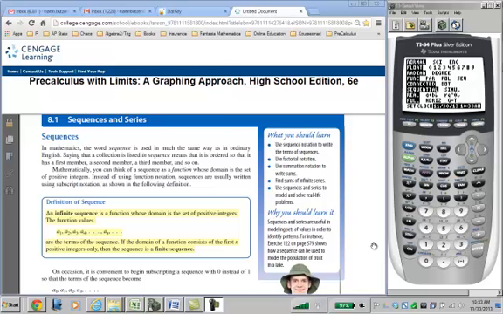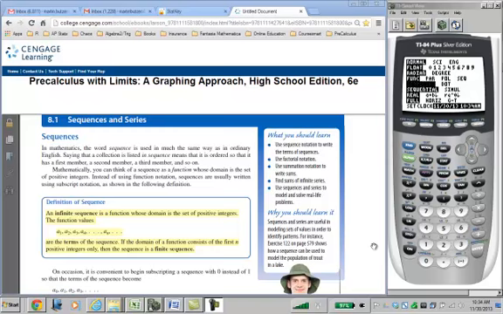So note that the function is not continuous in the sense that it's discrete, goes from term to term, and it climbs by integers. There's not a 1.5 or a 2.5 or a 3.5 or whatever. A sequence can be infinite or it can be finite.